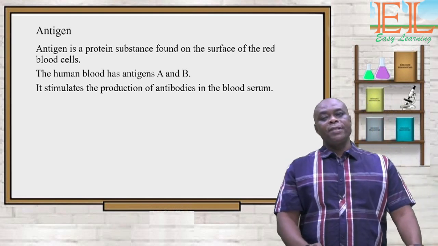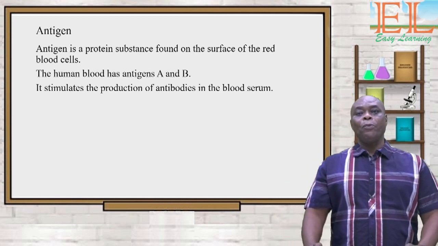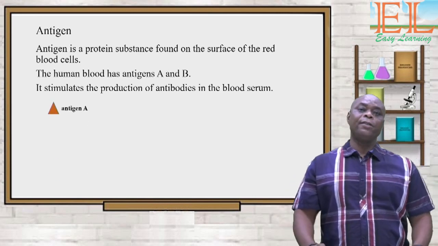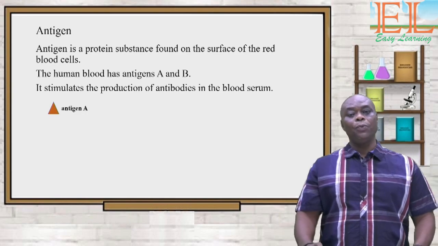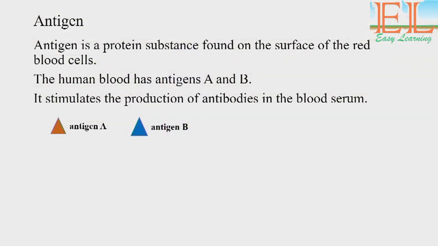Let's represent antigen A with a brown triangle and antigen B with a blue triangle. Now let's see the surfaces of the red blood cells.